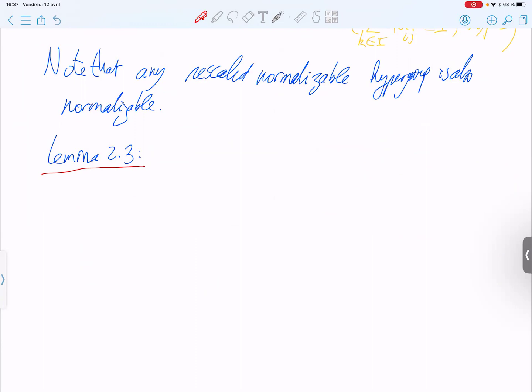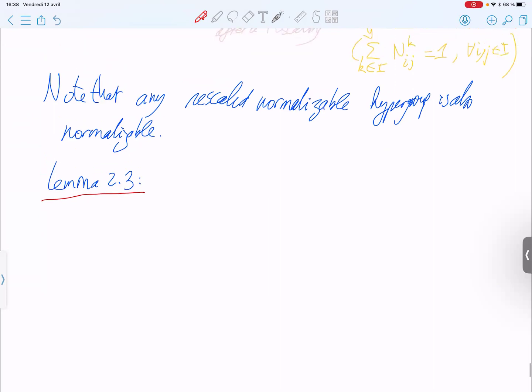Or, if you prefer, when you think in terms of the character table of a group, if there is a column of the character table where every entry is non-zero. We know that for a group, it's always true. The first column is given by the degree of the character, so it's always non-zero. So the character ring of a group is always a normalizable hypergroup.